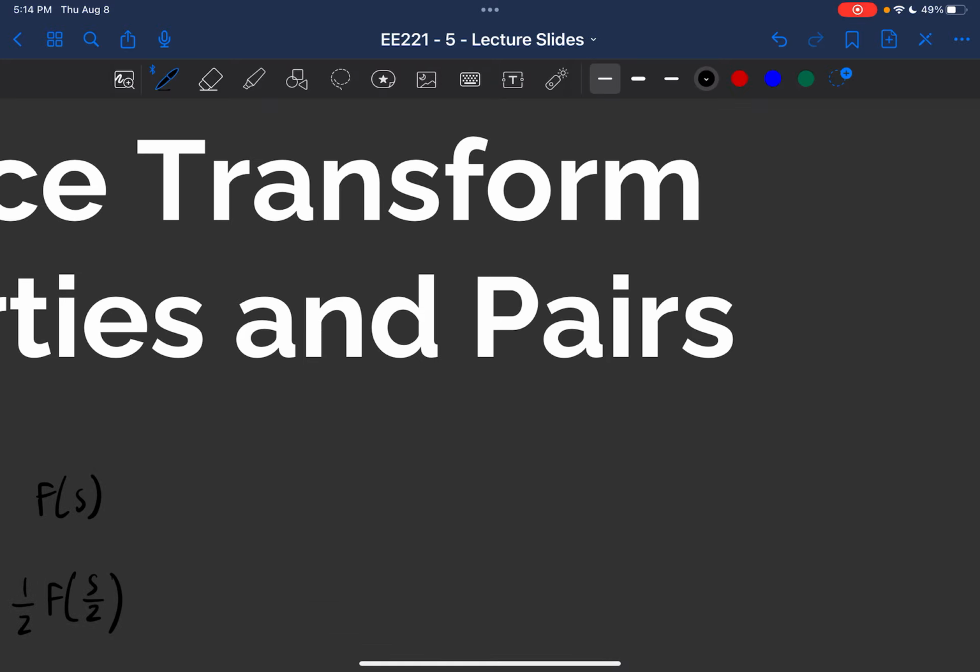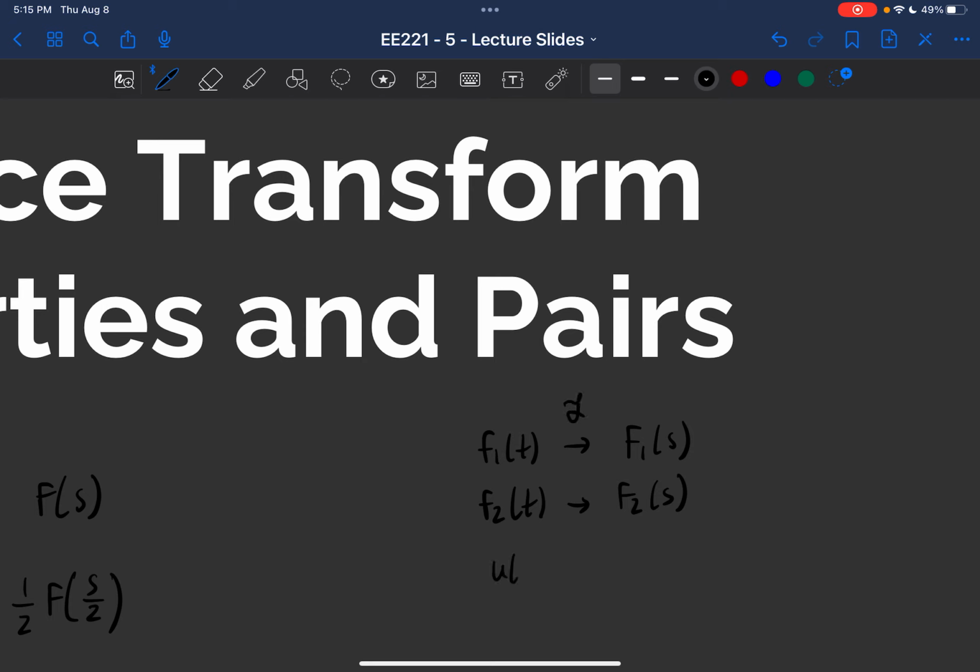Properties are what I just mentioned previously, and we'll talk about those, but pairs are where some particular function of t has some particular Laplace transform function of s that's unique. Okay, so different functions have different unique functions in the S domain when we take the Laplace transform. And we're going to look at some of those pairs.